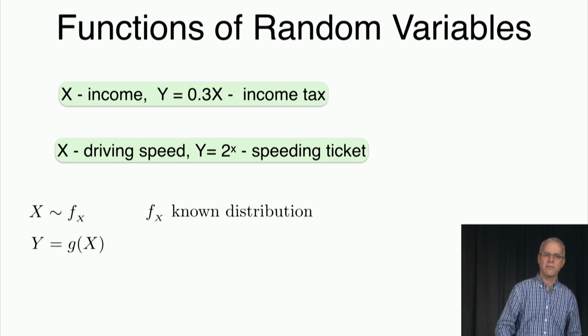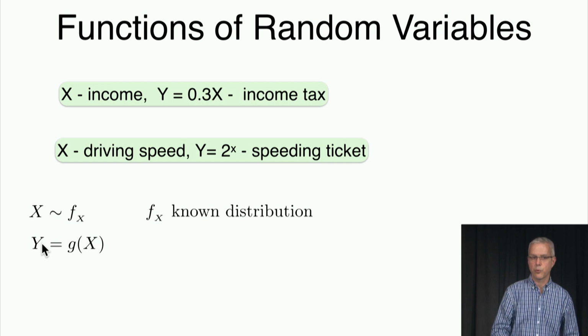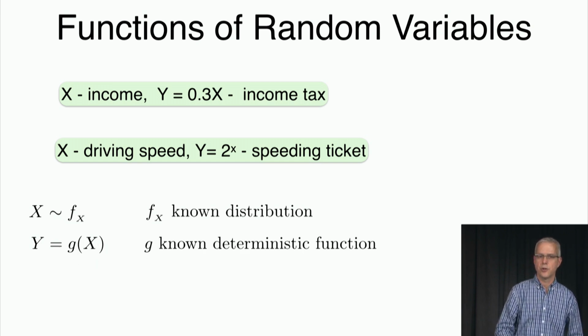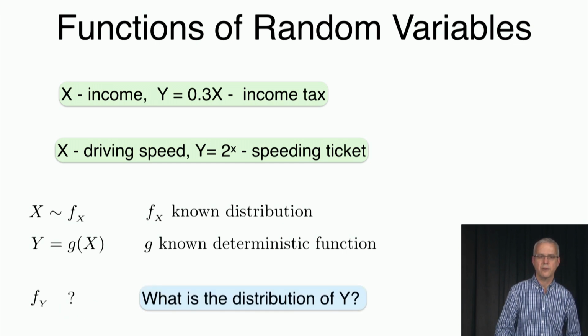Then we have a random variable y, which is some function g of x, where g is a known and deterministic function. What we're interested in is finding the distribution of y, F_Y. So we're asking what is the distribution of y.